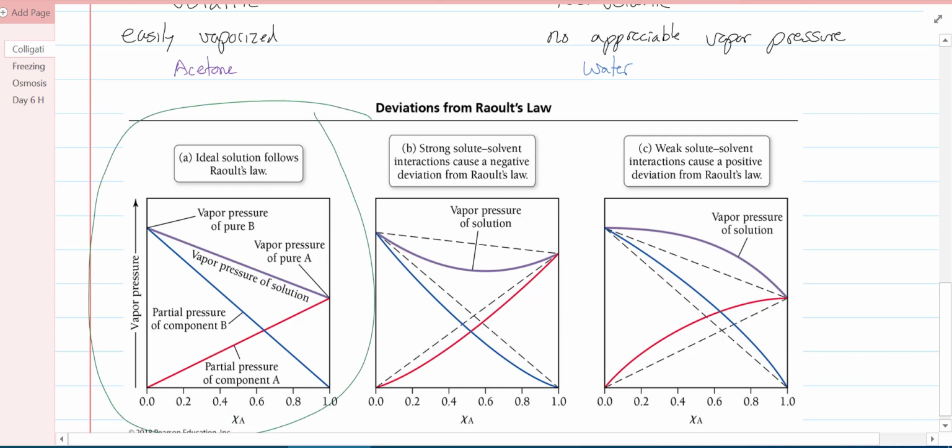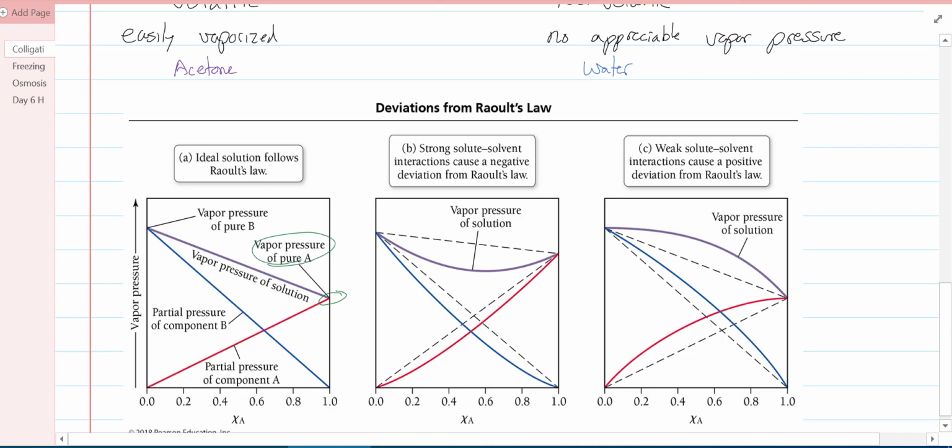This is ideal. We got A and B. The mole fraction of A means this is 0 A and this is 100% A. The red line here that I'm coloring green is the vapor pressure of A, and it increases as we have more A. So right there is the vapor pressure of pure A.